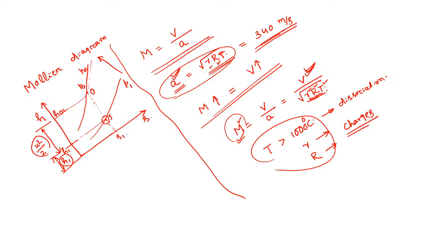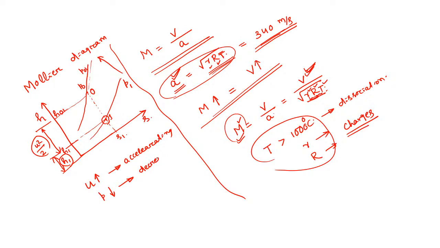Now the question is what happens if the static pressure decreases or increases. If the velocity u increases, that means I am accelerating the flow. When I am accelerating the flow, the pressure must decrease.